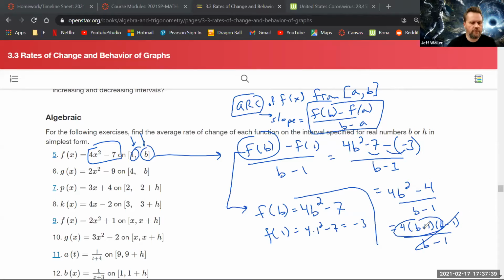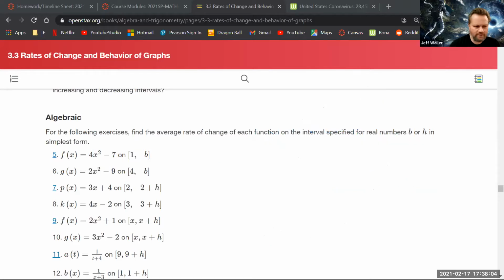Something very similar should happen to your average rate of change problems here. Every single one of these problems will work like this. Wait, why did you put -1 instead of -3 at the bottom? Oh, I hit the wrong button.